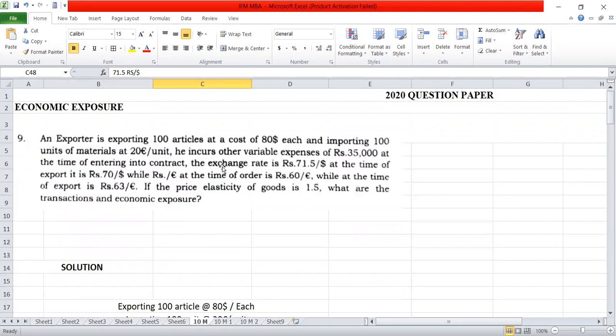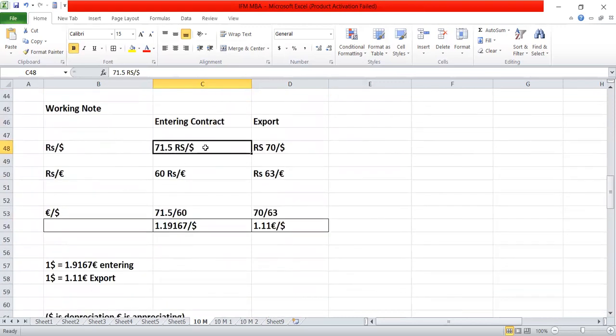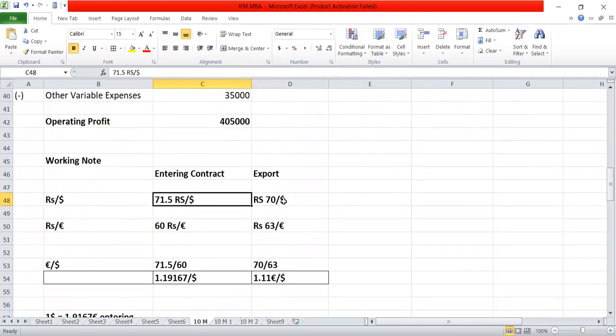When they are exporting, it becomes 70 rupees. Now we can see the difference, that is 1.5, so revenue has decreased by 1.5. Next, you can see the euros.